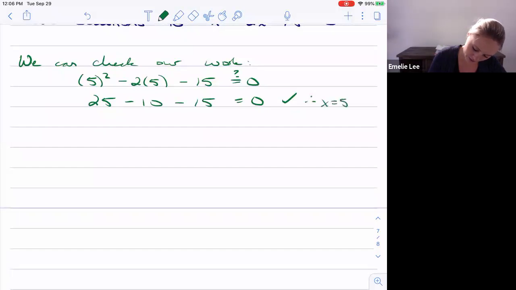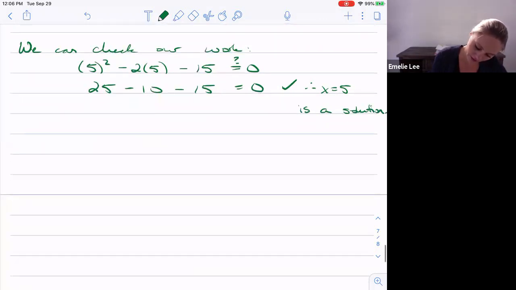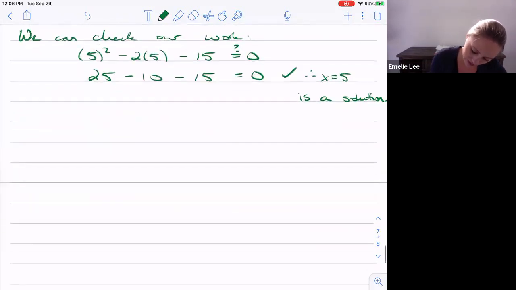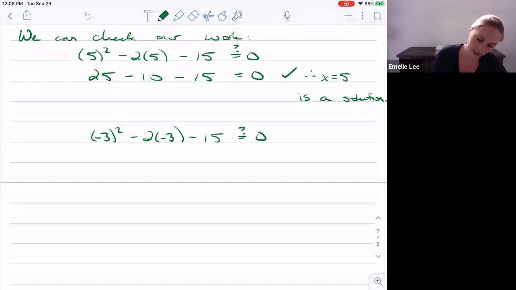Therefore, x equals 5 is a solution. Now check x equals negative 3, doing the same thing. So now I'm doing negative 3 squared minus 2 times negative 3 minus 15. Does it equal 0? Negative 3 squared is 9.